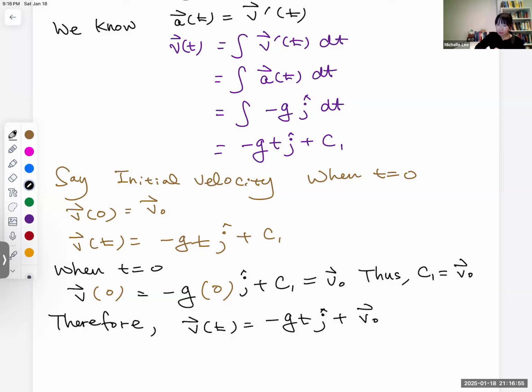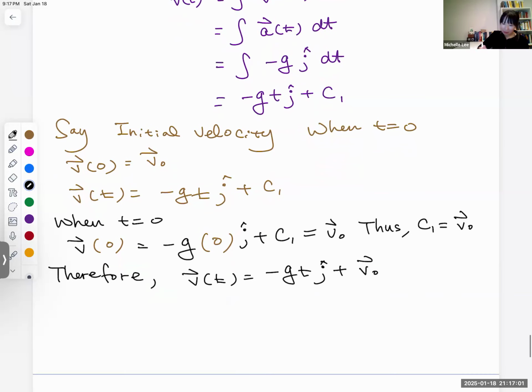Next, we have v of t. Hold on one second. All right. So we have v of t. Then how do we indicate v of t with the other vector function?